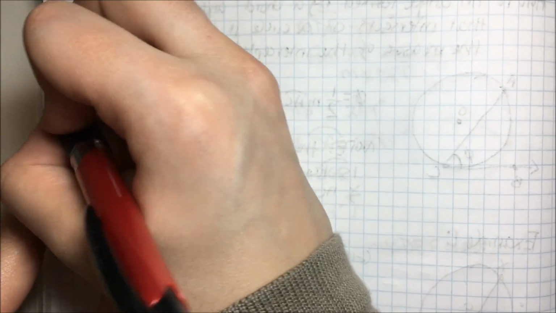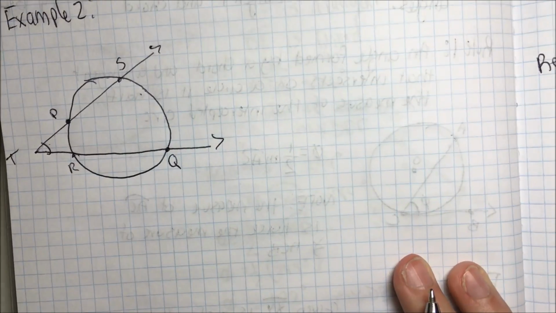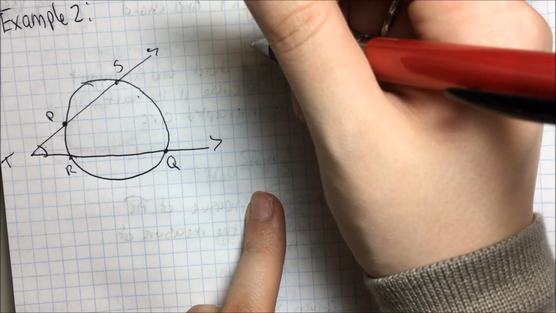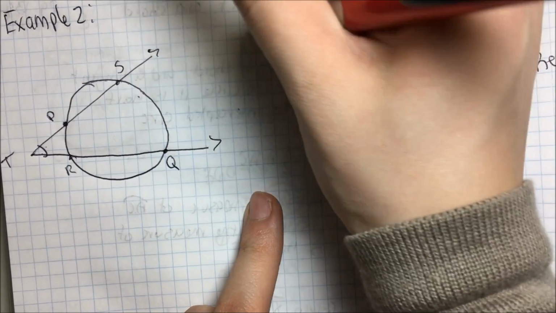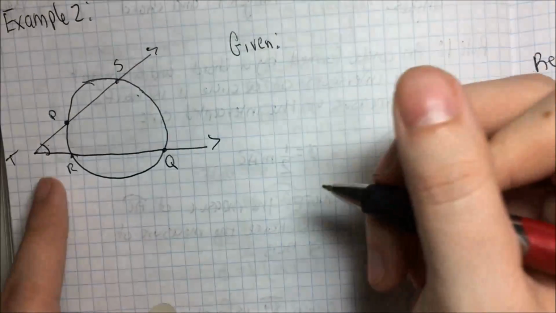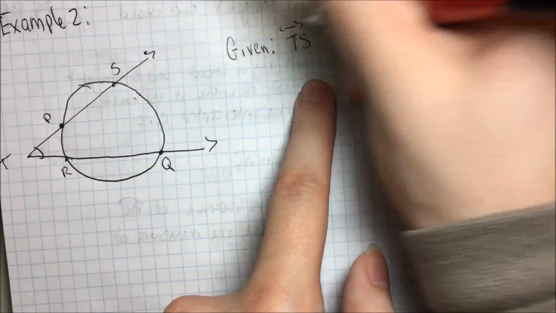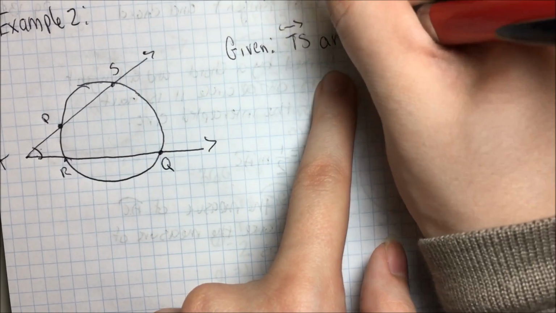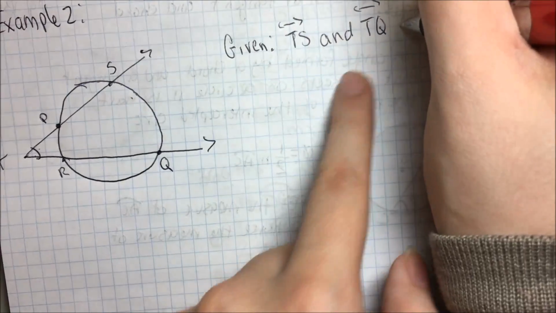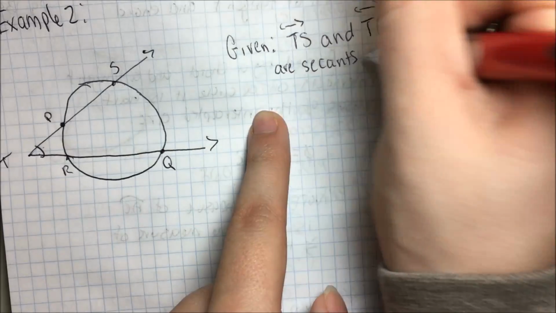With point T, we're given that TS and TQ are secants.